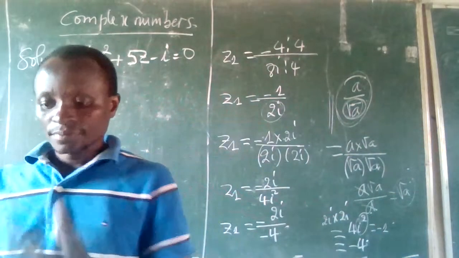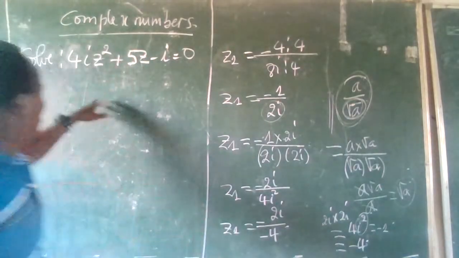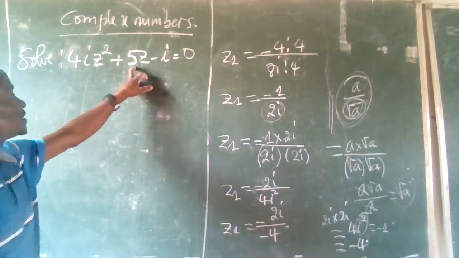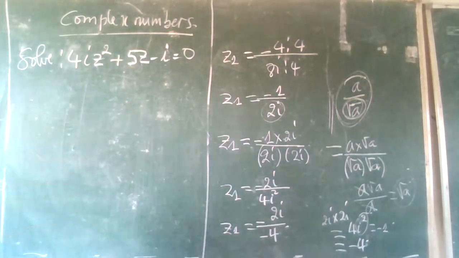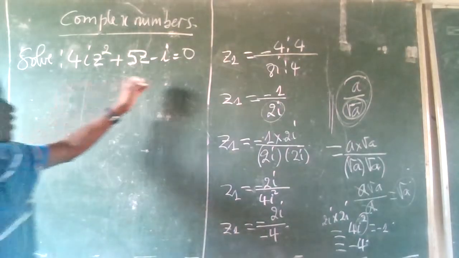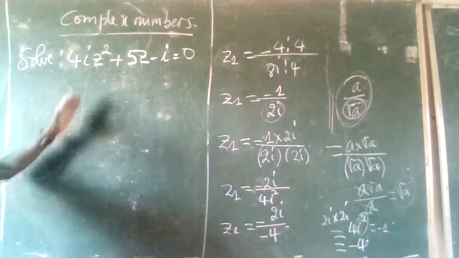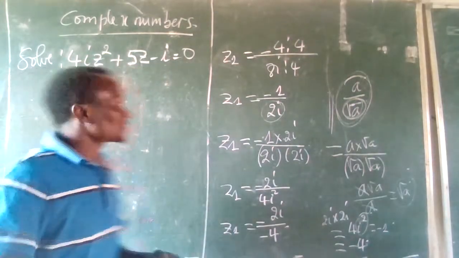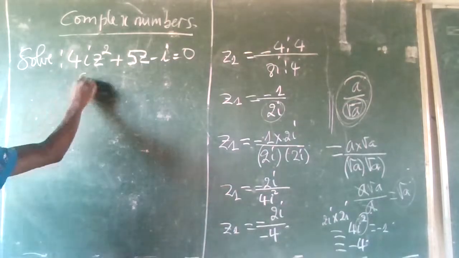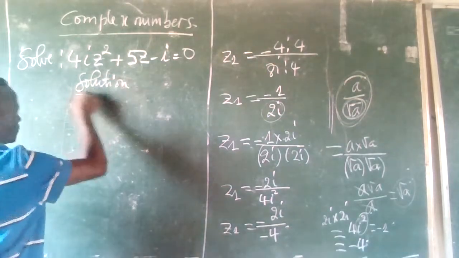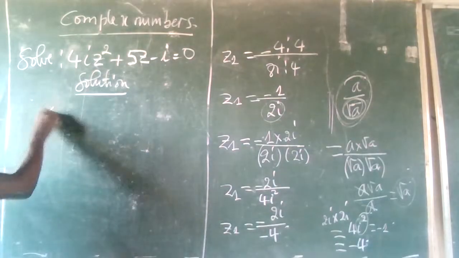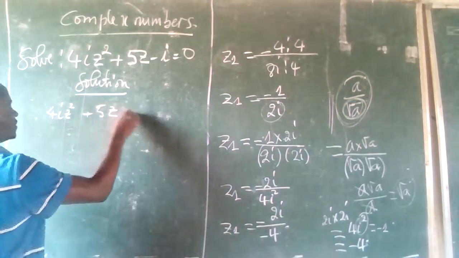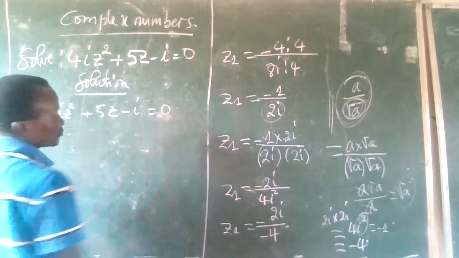Now, guys, let us go for the next question here. It is 4i times z squared plus 5z minus i is equal to 0. How should we solve this equation? So remember, as I told you, it is similar to what you have done firstly. So let's say that we have given i z squared minus 5z minus i is equal to 0.